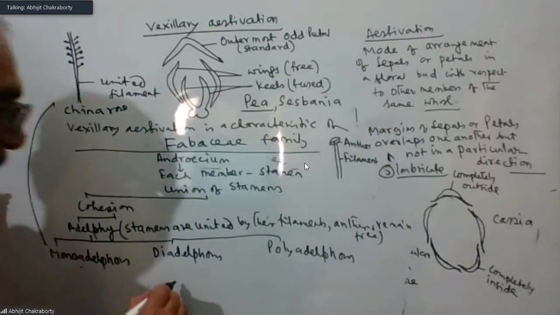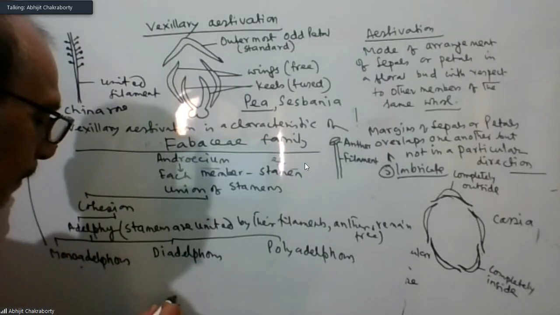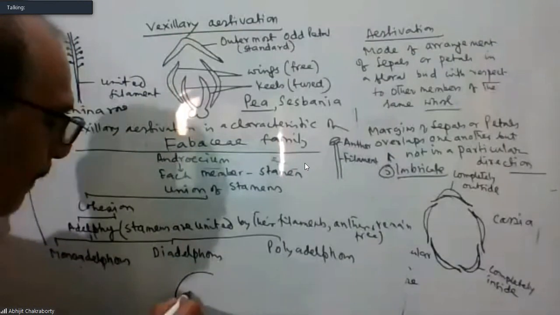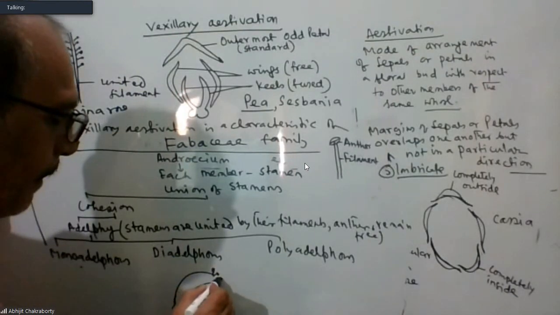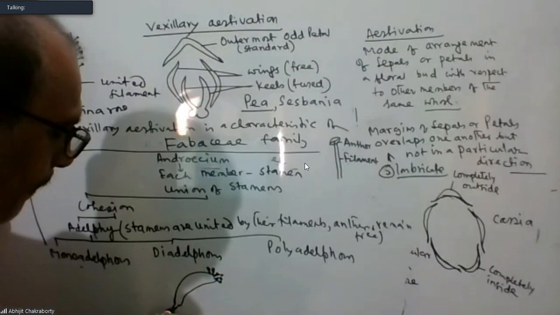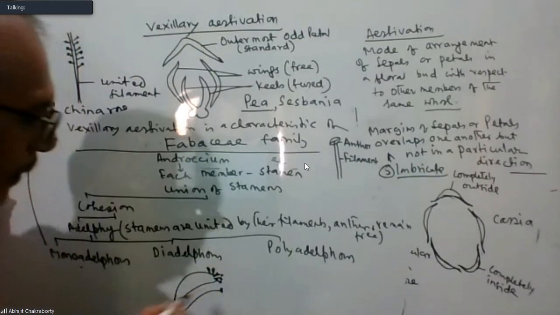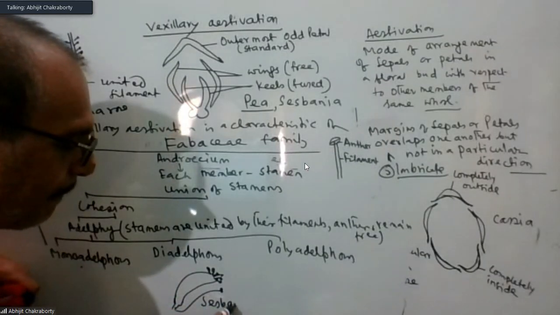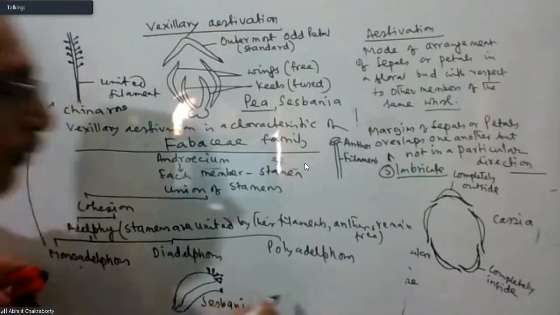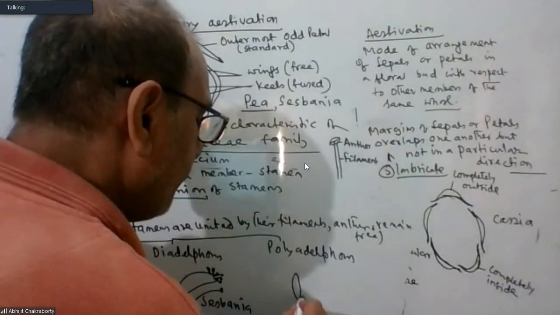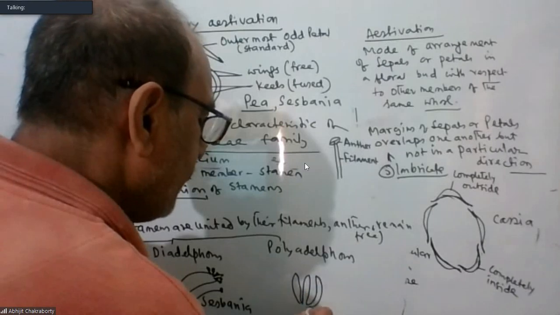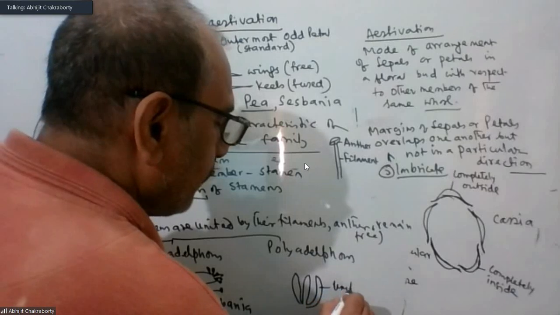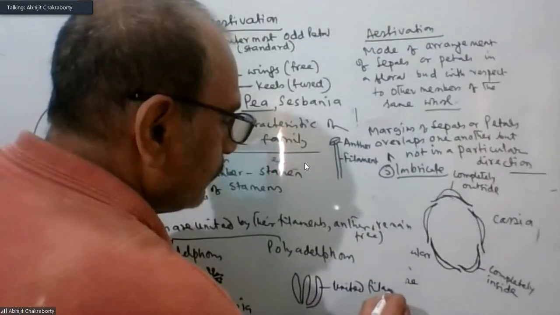In case of diadelphous, it appears like this, you see. Here they are found in two groups, found in Sesbania. Polyadelphous: you see the united or fused filaments.